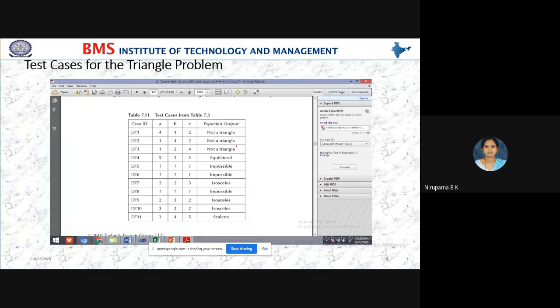So this also we have seen in the last class. I have written the triangle also. I have shown you why, though this test case 1 has 3 sides, it is not a triangle. Yes, yesterday we have seen, no? A is 4, B is 1, and C is 2.